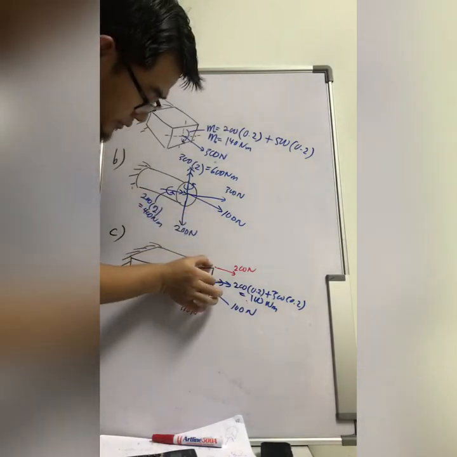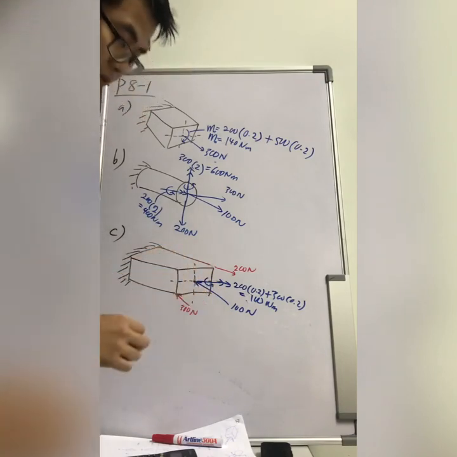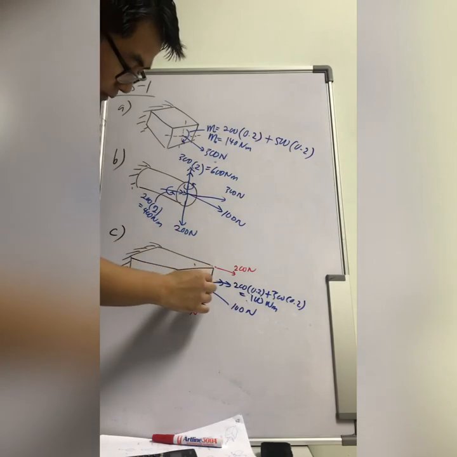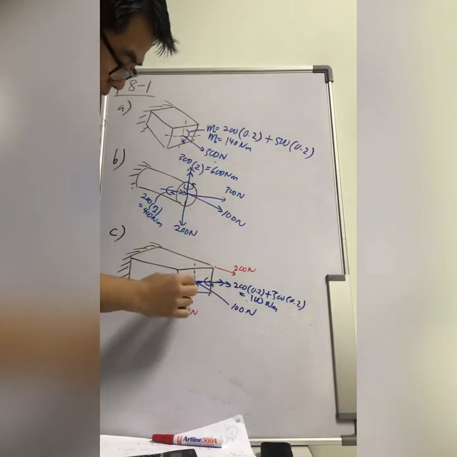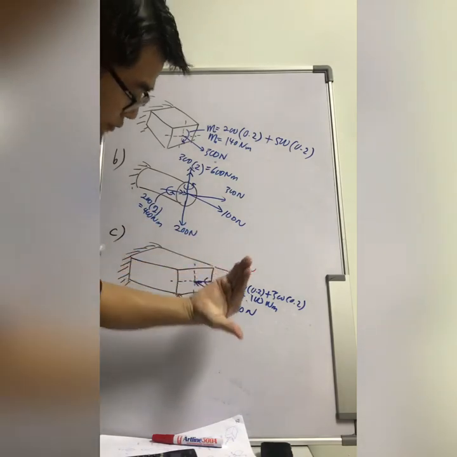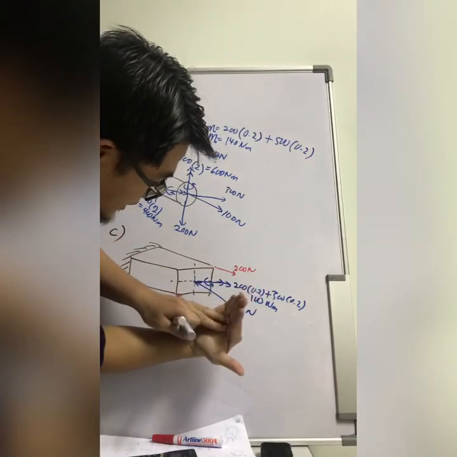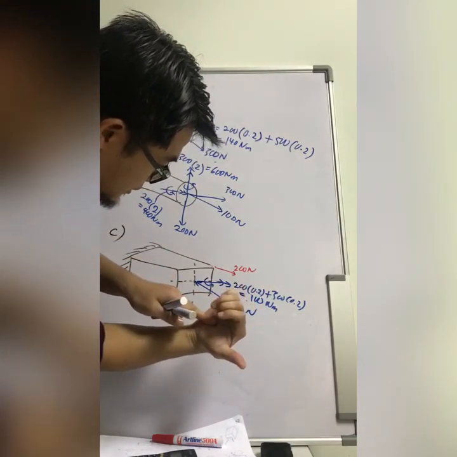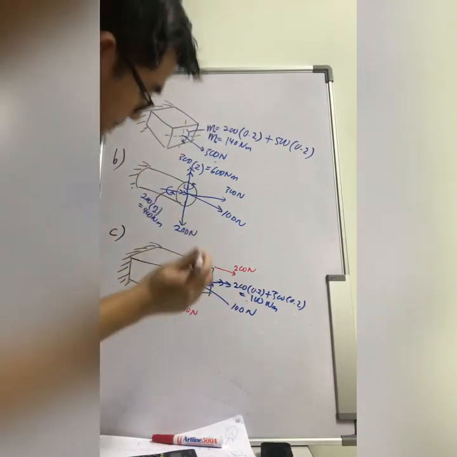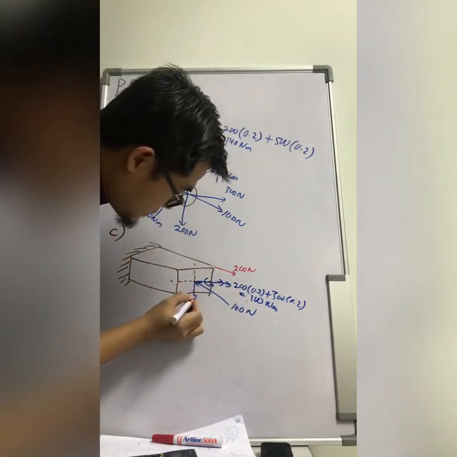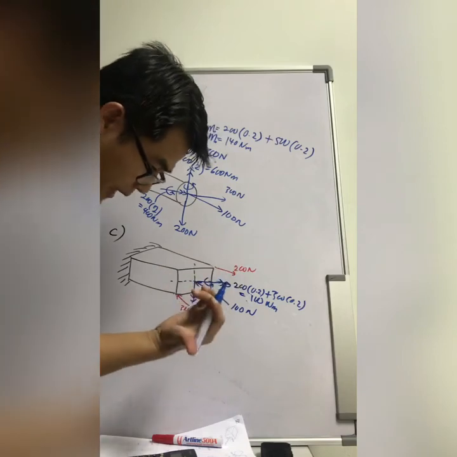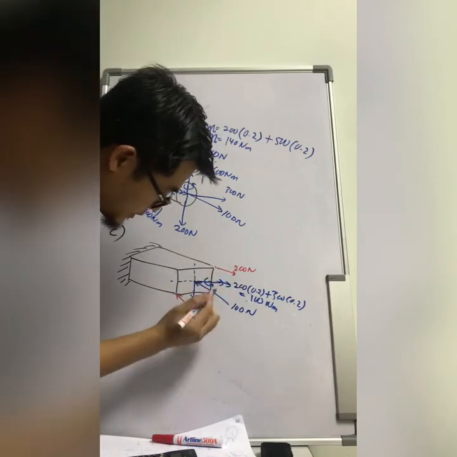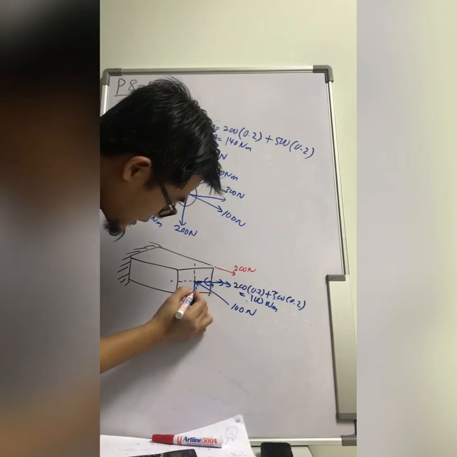If you consider these two distances, you have other distances. This and this. So what happens for this 200 Newton with this distance towards this centroid? You have this moment going down, I mean, in the xy axis, it goes down. So of course, the direction is like this.